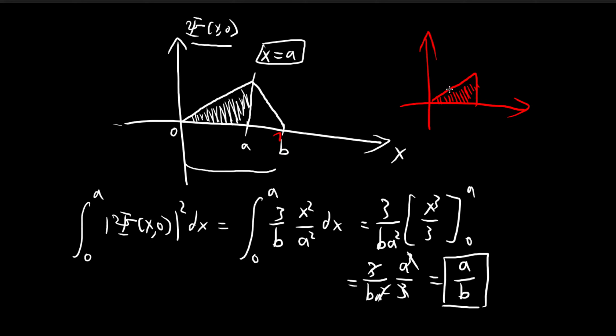So when b is equal to a, we would expect after we integrate through this entire triangle, our answer is going to be equal to 1, because if you integrate throughout the entire wave function, then the total probability must be equal to 1. And if b is equal to a, then from 0 to a you already get your entire triangle. And you can check that when a is equal to b, you do get 1 for this answer. So this is kind of like a consistency check to verify that this solution does indeed make sense.